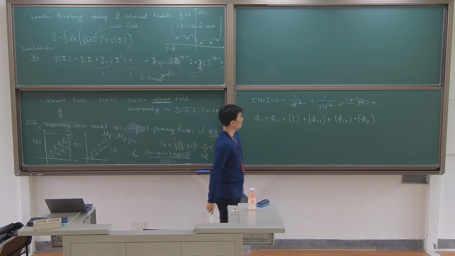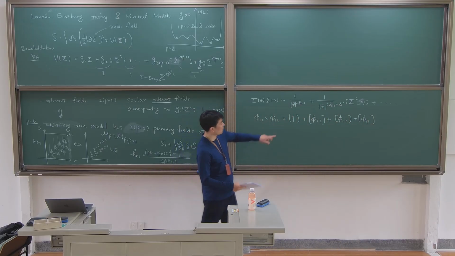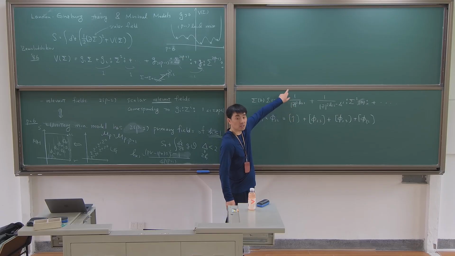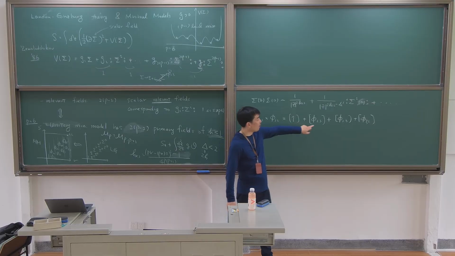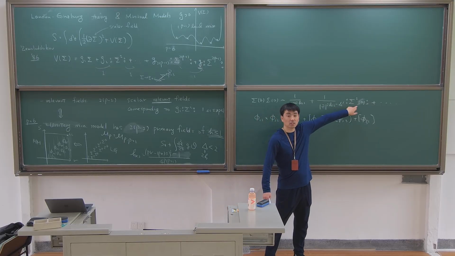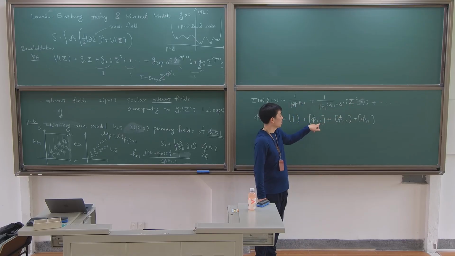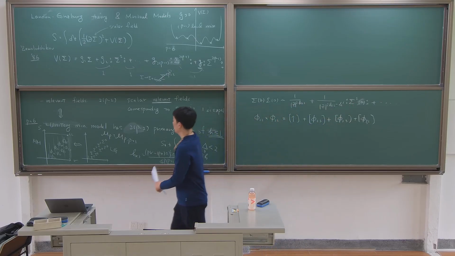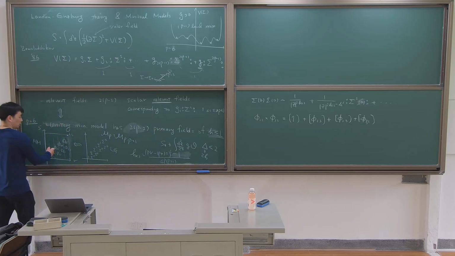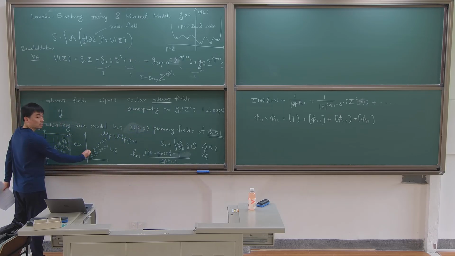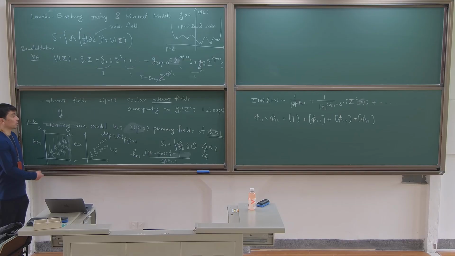So this 1 corresponds to a 2-point function. The phi 3 corresponds to the next subleading term of this OPE, phi 3, which is exactly what happened here. Phi 3 corresponds to sigma square, and so on.